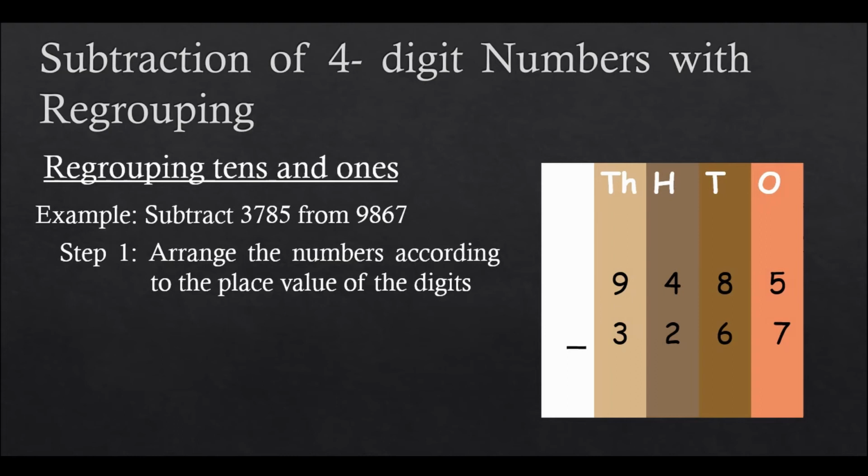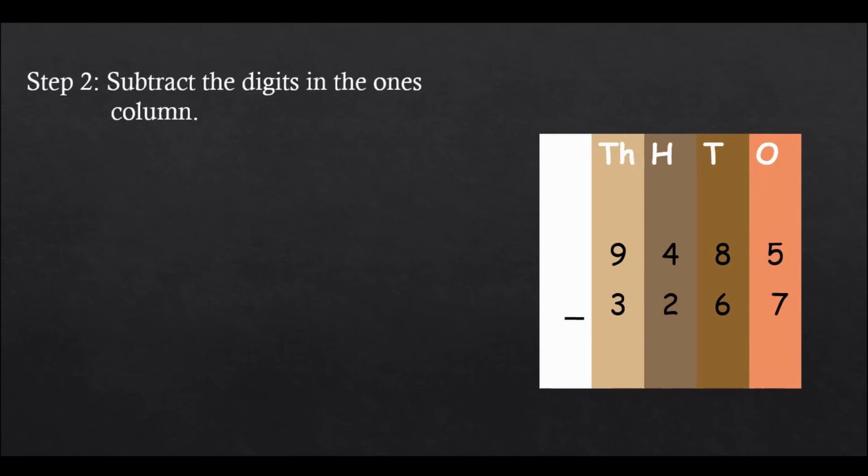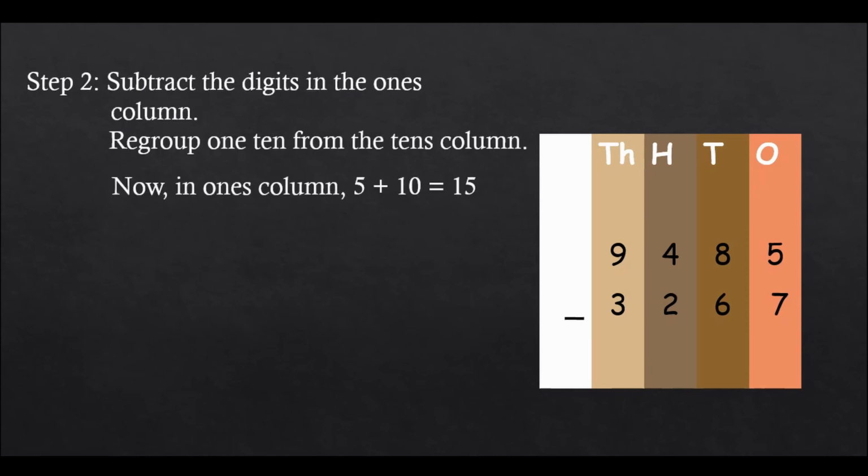That means there are 6 tens in the tens place. So we are taking 1 ten from 6 tens and adding it to 7 ones. Then it will be 7 plus 10 is equal to 17.